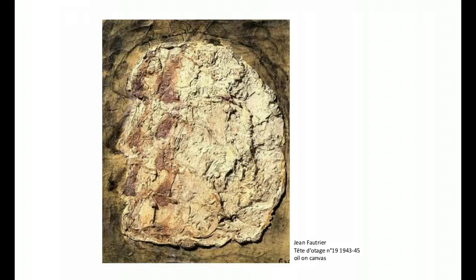You can't hold this up to someone and say, oh yeah, it looks like you. Because it's not about what they look like, it's about the psychological underpinnings of what they're going through. For Fautrier, it's more important that he actually conveys a sense of psychological reality.